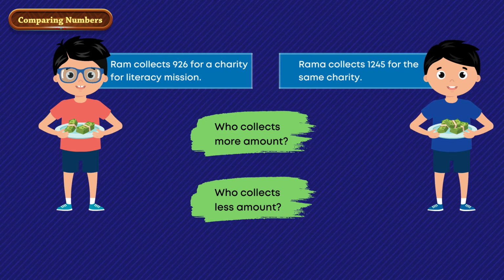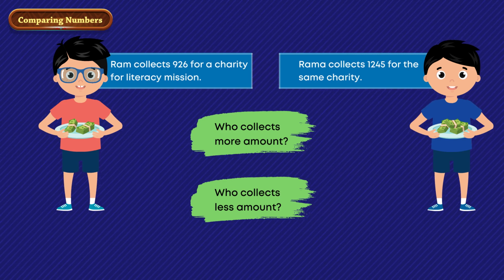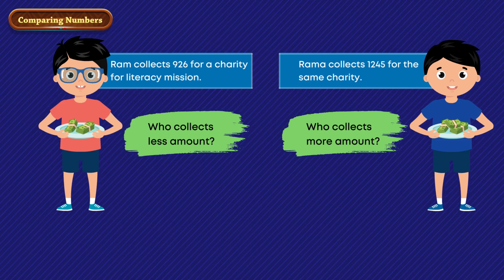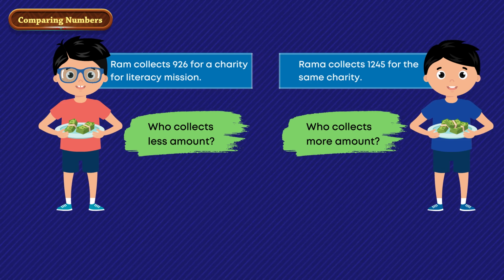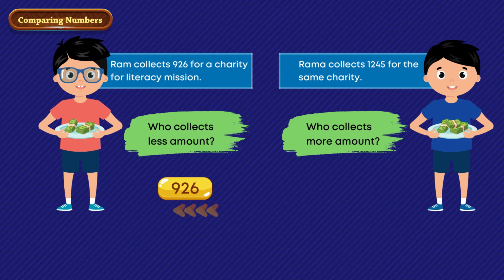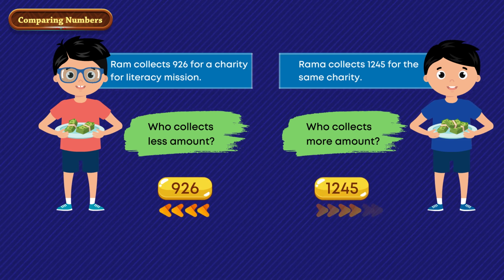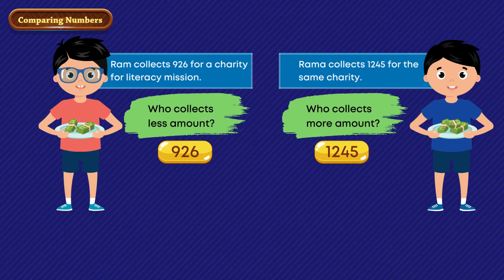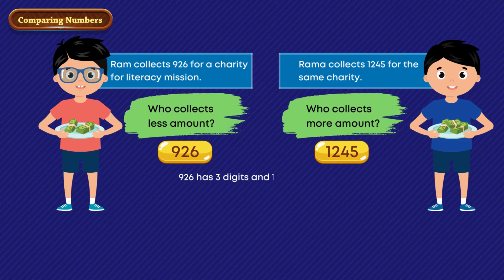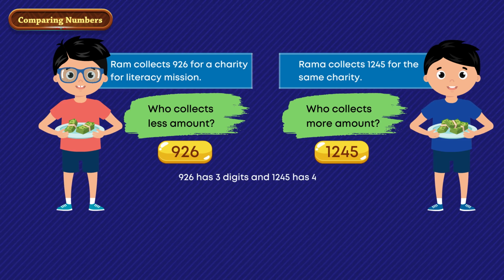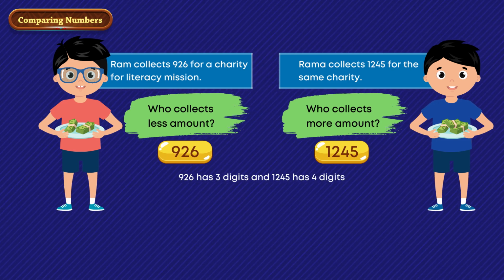To find which amount is more and which is less, we have to compare the numbers. Let us compare 926 rupees and 1,245 rupees. 926 has 3 digits and 1,245 has 4 digits.